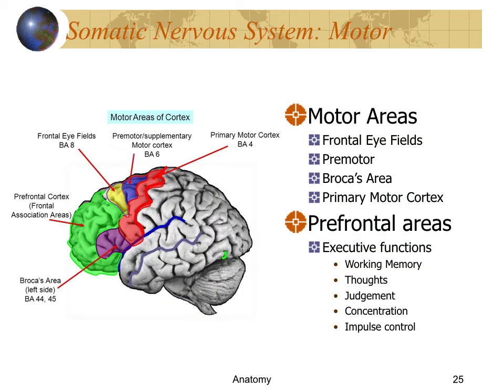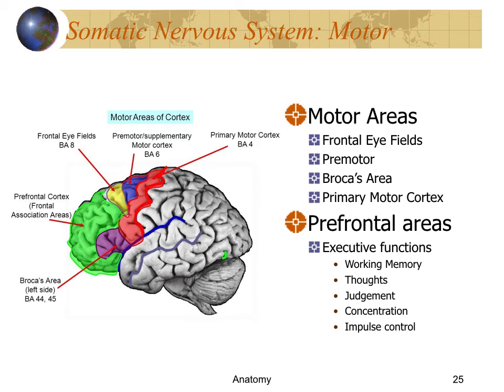The last thing we have to talk about is motor control. The somatic system, voluntary interpretation and voluntary perception occur in those three posterior lobes. Motor control occurs in the anterior frontal lobe. And we've got localized things that we can say for the eye movements, for the movements associated with the production of speech, Broca's area, and then the voluntary muscles throughout the body.